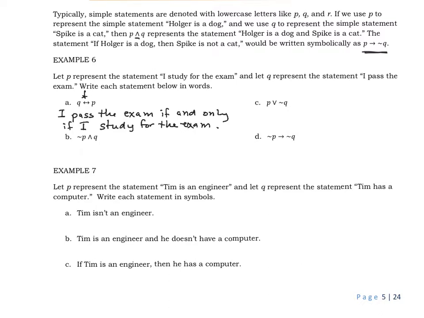Now on B we have a negation of P. So I do not study for the exam. And that symbol right there is our conjunction, so that would be and. I passed the exam.